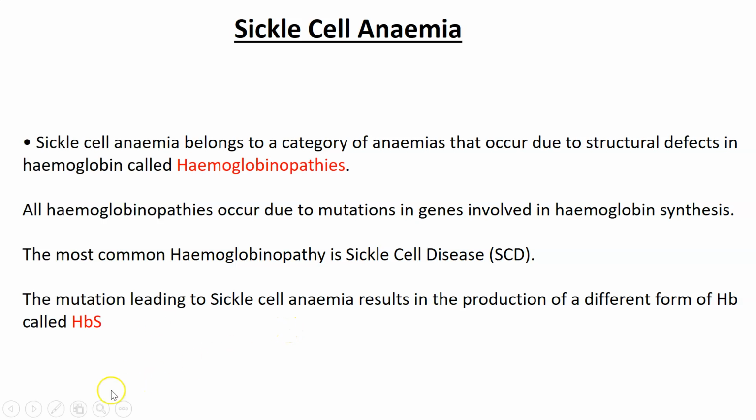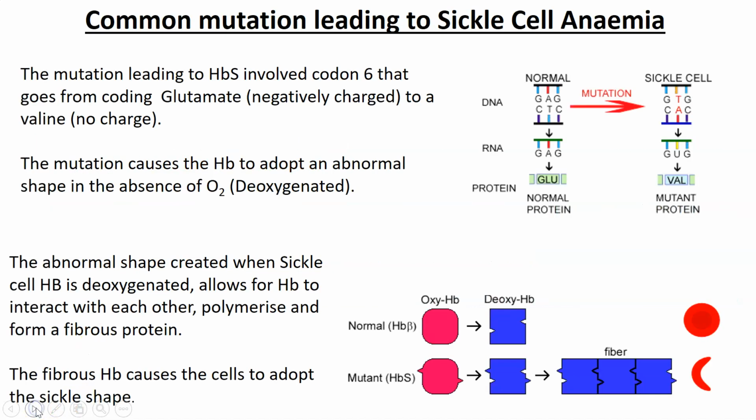Let me show you that. Before I show you that, the mutation leads to the production of hemoglobin S, HbS. It's a different form of hemoglobin that's produced. How that comes about is, like I said, a point mutation.